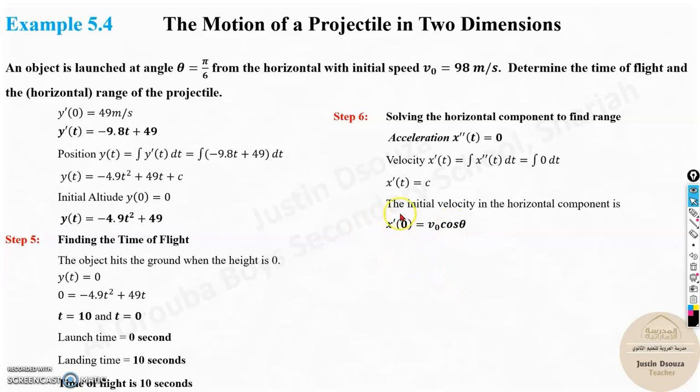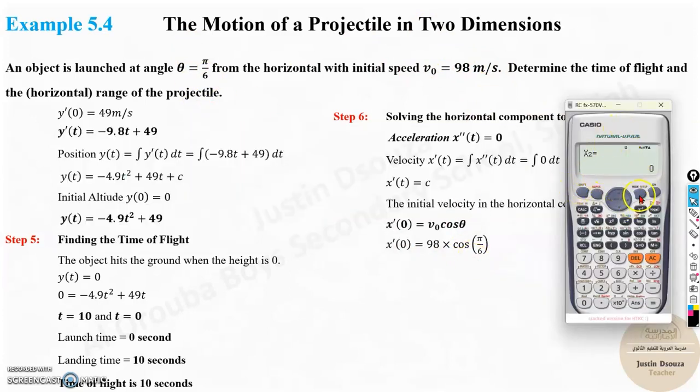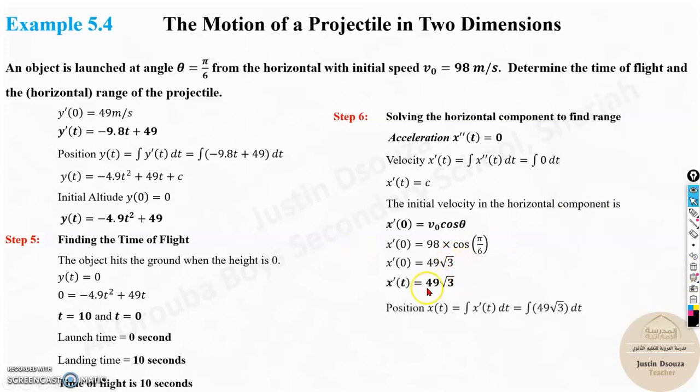So x dash of 0 equals v naught cos theta. v naught is given, that is 98, and theta is pi by 6. Same thing in the calculator, but make sure you're in radian mode. That is very important. 98 cos of pi divided by 6 will give you 49 root 3, which is equivalent to 84.87.